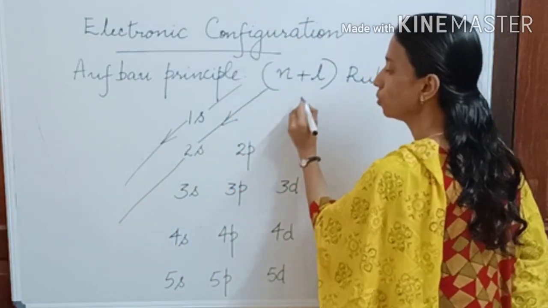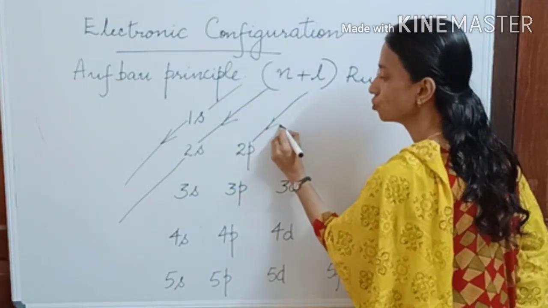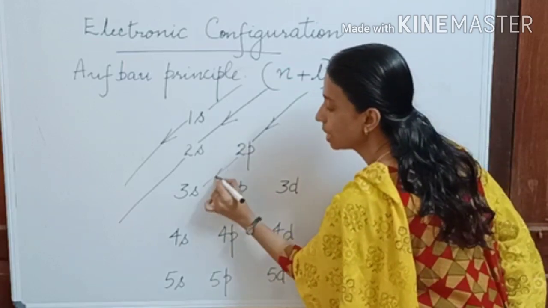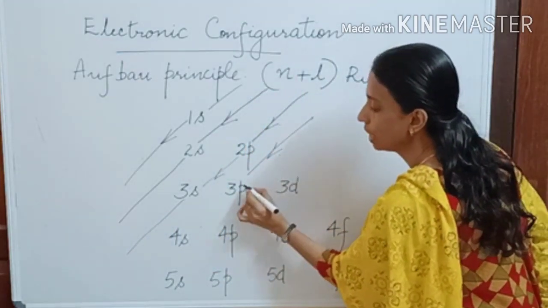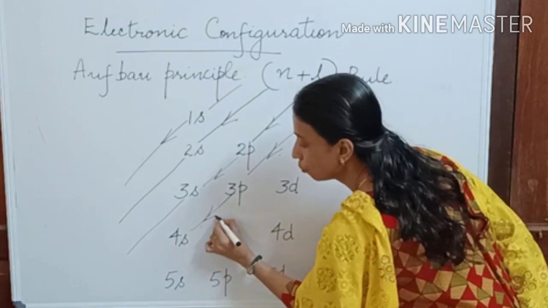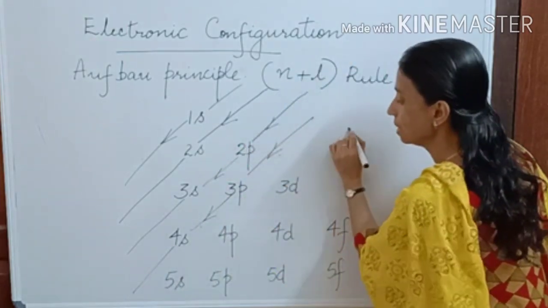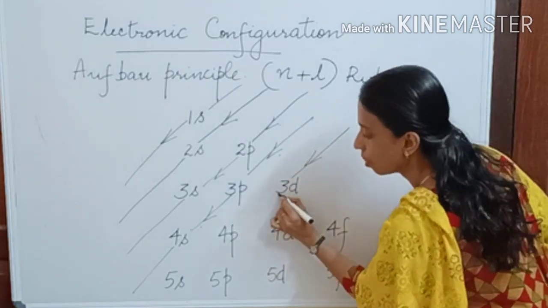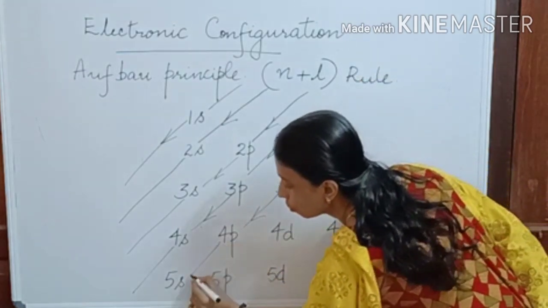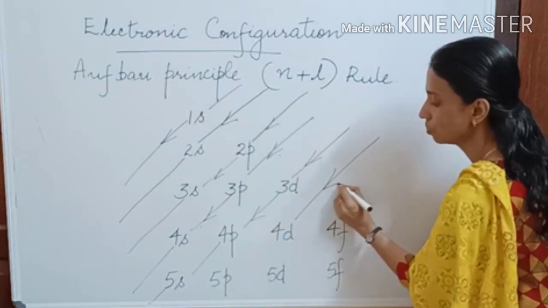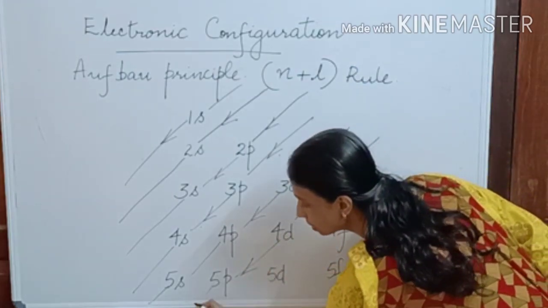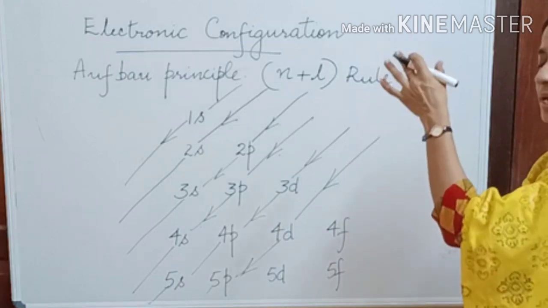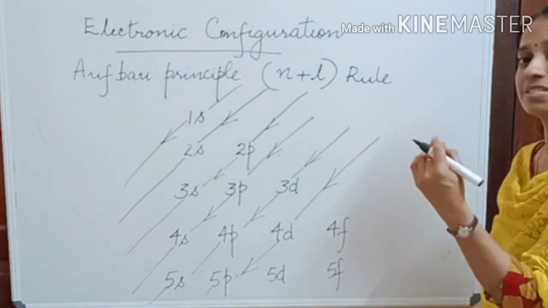After filling up 2s, it goes directly to 2p, fill up 3s and then go to 3p, fill up 3p, then go to 4s, then 3d, 4p, 5s, then come to 4d, 5p and so on.